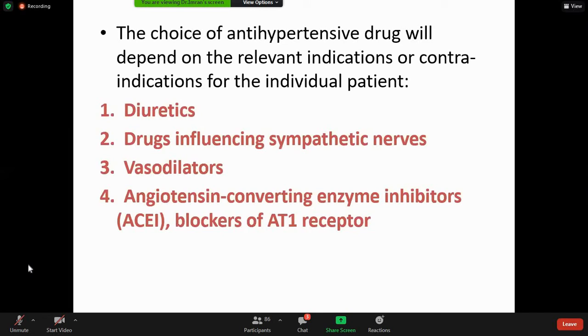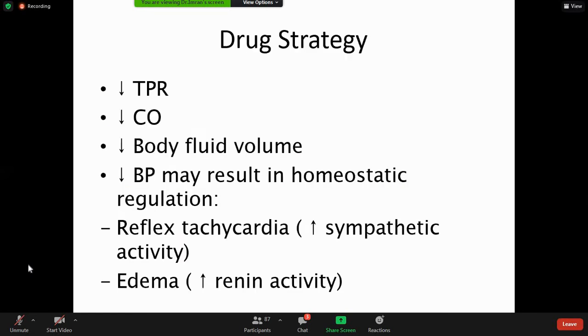The choice of antihypertensive drug. Now, these are the different groups. The choice of antihypertensive drug will depend on the relevant indications or contraindications for the individual patient, right? In the previous slide, there are different drug strategies that we have already discussed. One group may decrease the peripheral resistance by producing vasodilatation.